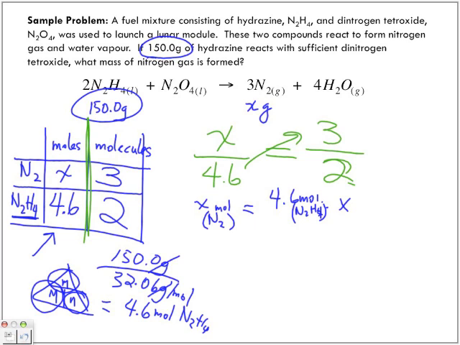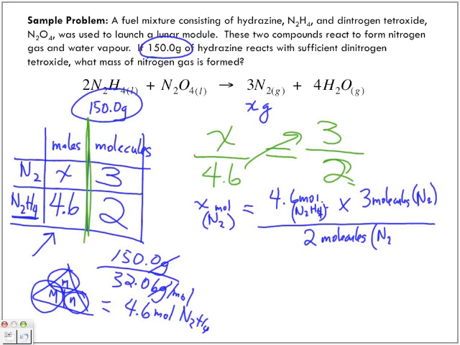times 3 molecules of nitrogen divided by 2 molecules of hydrazine. So hydrazine cancels out, molecules cancels out, and the unit that I'm left with is moles of nitrogen.